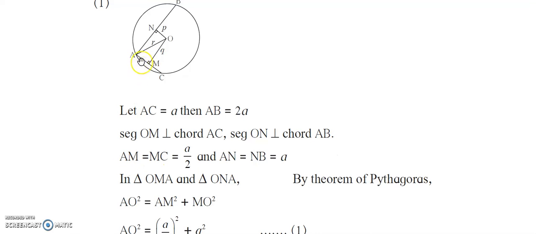AM is equal to MC is equal to a upon 2. And what about AN? AN is equal to 2a upon 2, the 2 gets cancelled, is equal to NB.